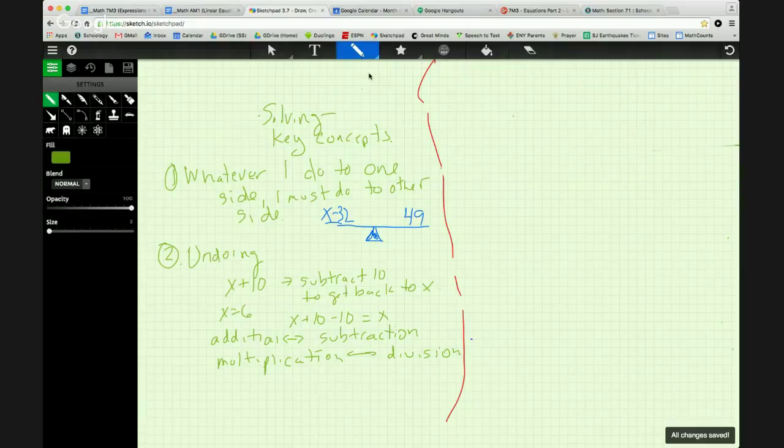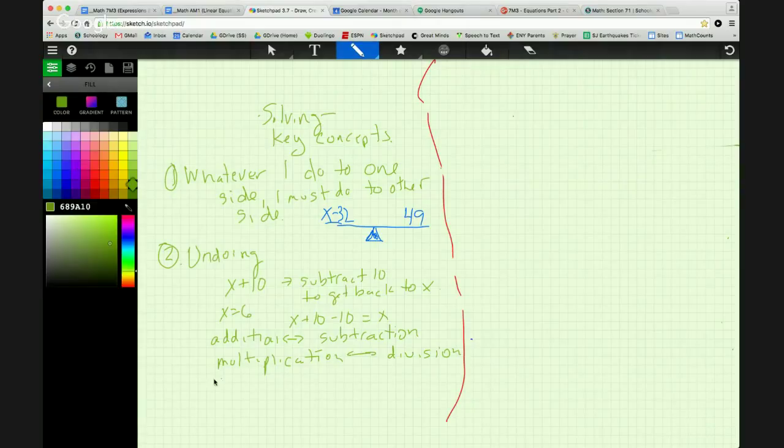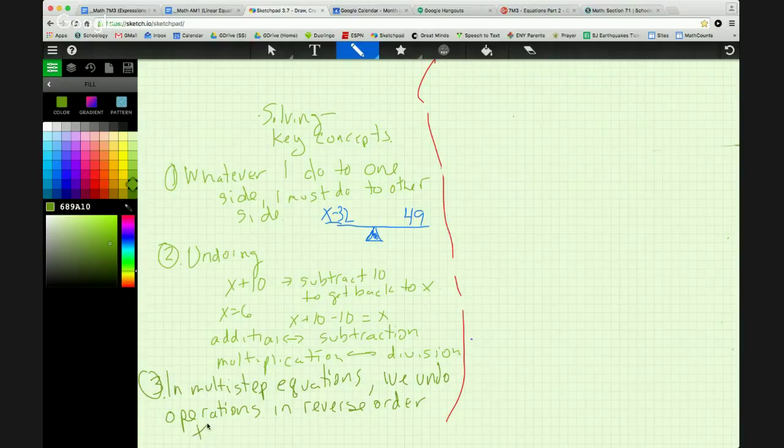We're going to add the concept that in multi-step equations, we undo operations in reverse order.